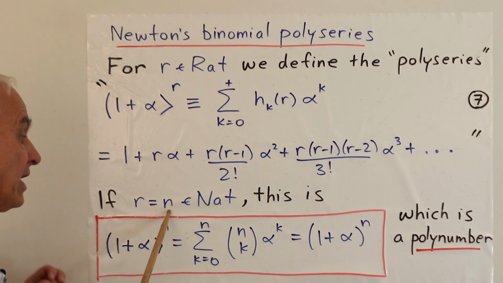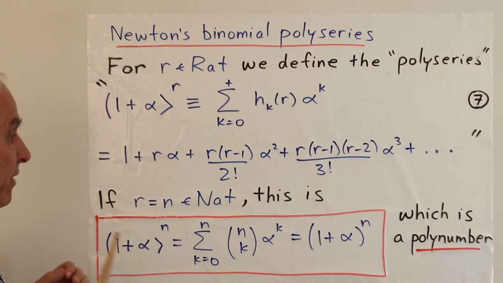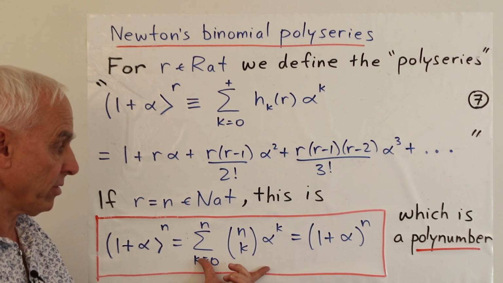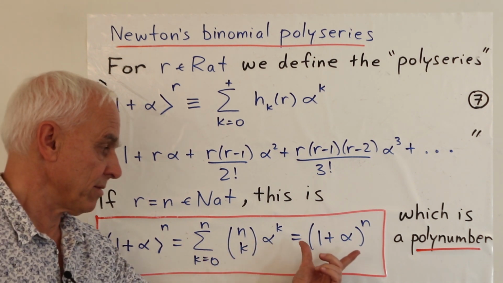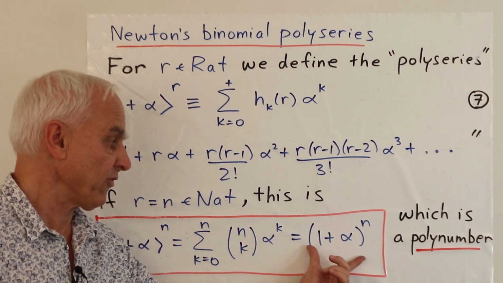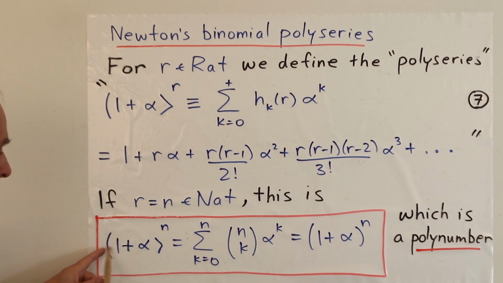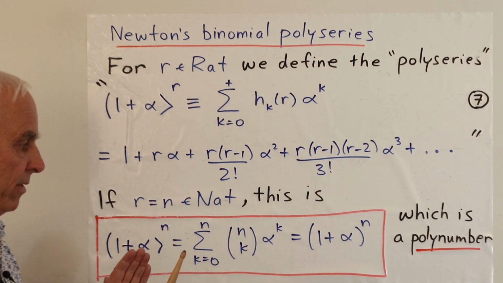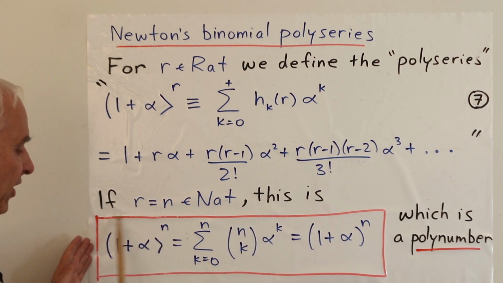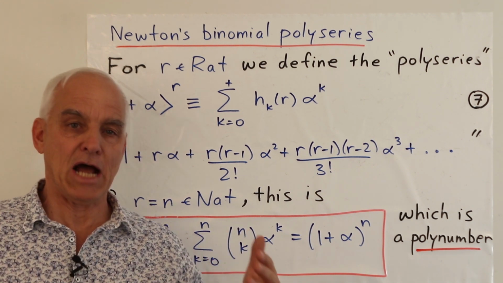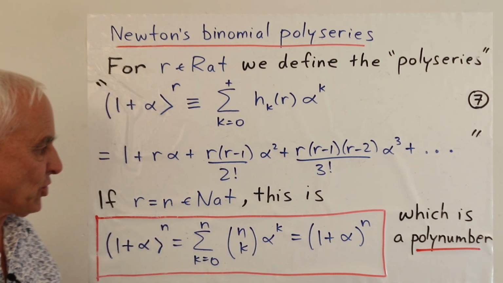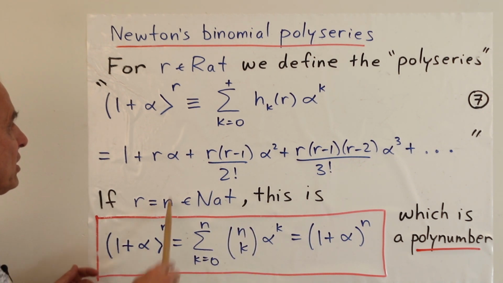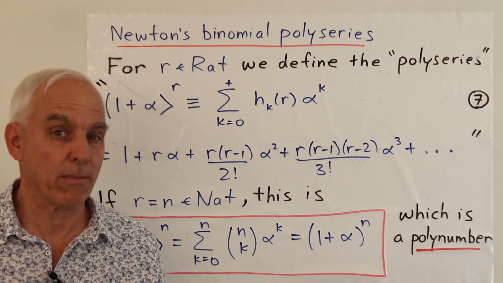Now, if r does equal a natural number n, then this expression is actually a finite poly number, the poly number 1 plus alpha to the n. So in that case, 1 plus alpha pointy bracket to the n equals 1 plus alpha to the n. That's a poly number. But now we've extended our understanding so that we are going beyond just poly numbers and considering these expressions for arbitrary rational numbers as well.